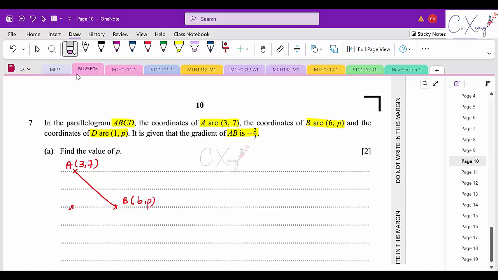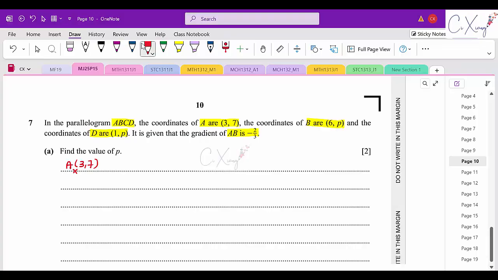Then this is the C, and this one should be the D, where D is at the same y coordinate as B. Or maybe we try to make it nicer.